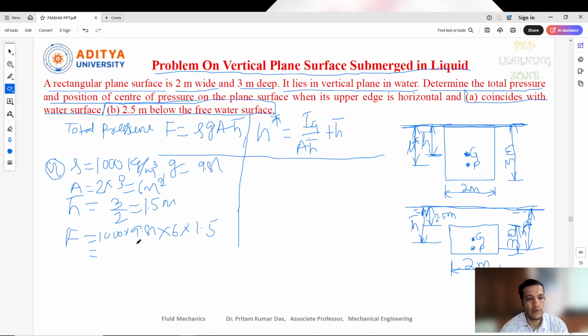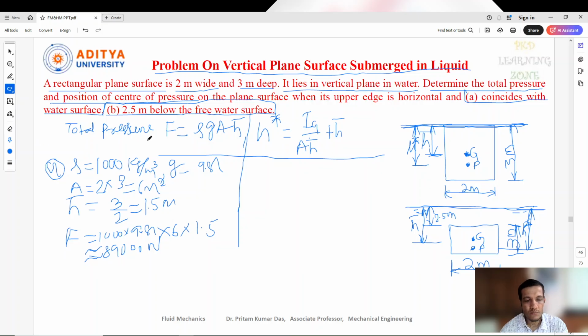So near about 90,000 it will come approximately, but it will be a little bit less because of the 9.81. Let's consider 89,000 Newton will be the total pressure on that.